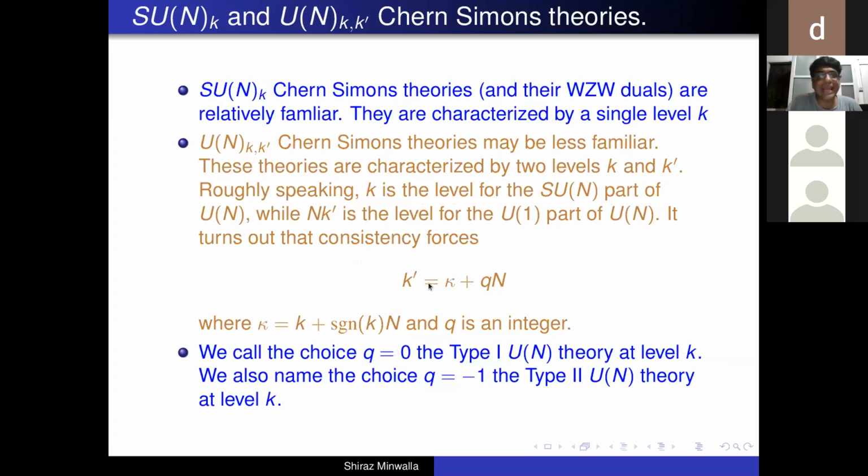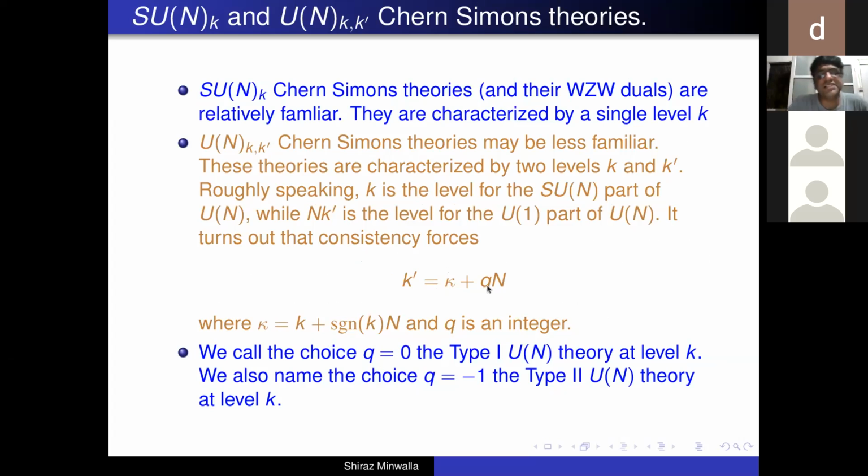And that linking, when you go through its consequences, tells you that this K prime cannot be absolutely any integer, but has to be the shifted level of the SUN theory plus an integer times n. Okay, so the level of the SUN theory, roughly speaking, plus an integer times n. So there's still a two-parameter set of theories. You can choose the level of the SUN theory as you want, and then you can choose this Q as you want.